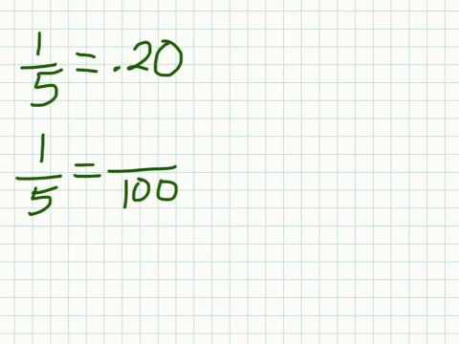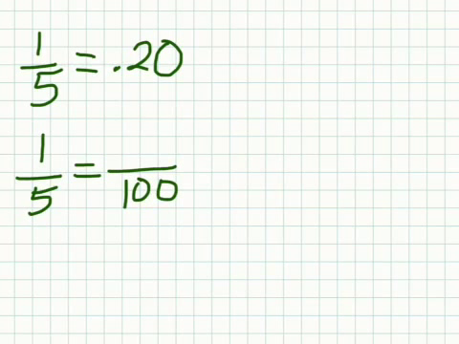Why would we want 100 as the denominator? Well, if 100 is the denominator, then we would say it's something hundredths. Just like over here, 20 hundredths. So that denominator of 100 can really help us plug in a fraction that goes to the hundredths place.